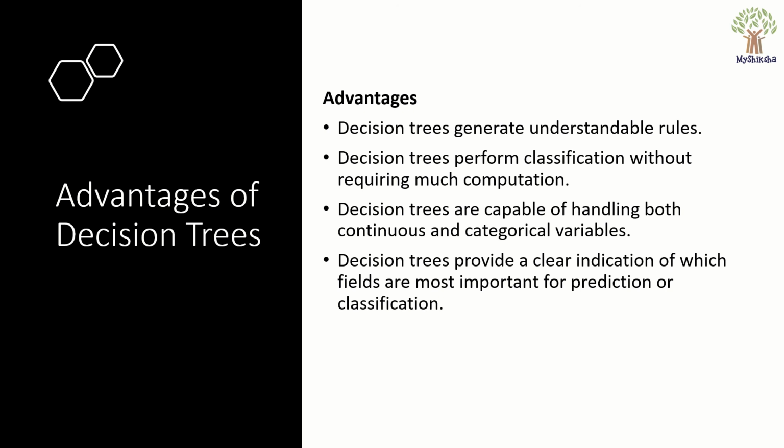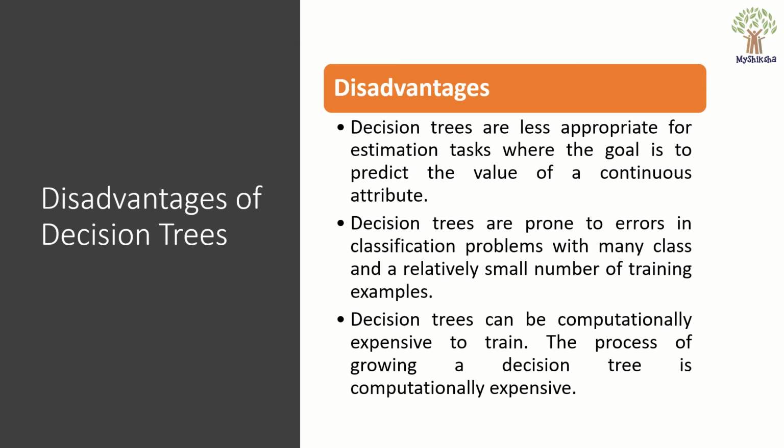And decision trees provide a clear indication of which fields are more important for prediction and classification. That is the reason when you develop a decision tree, it is easier to identify which variables are playing a bigger role in this whole process, and that will help you to build a better decision tree.